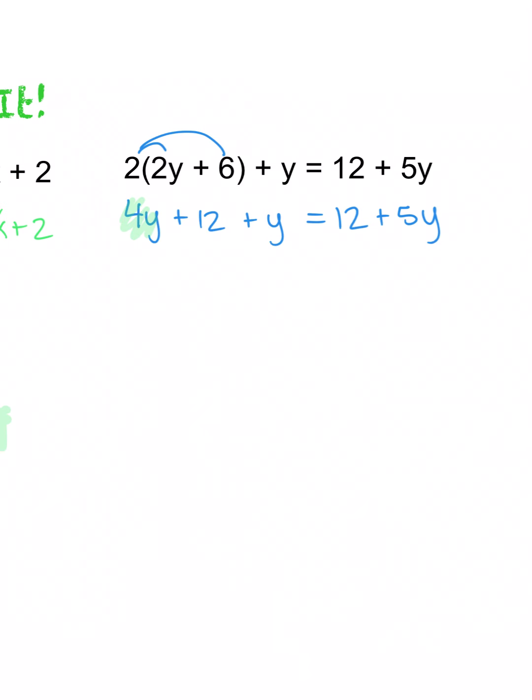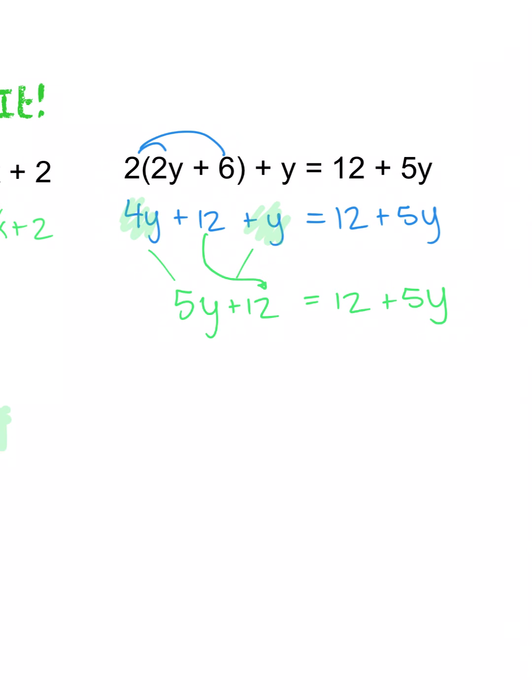I have a 4y and a y on the left side, so I have to combine those. That gives me 5y. I still have plus 12. Cannot forget about this plus 12 to bring down there. Nothing to combine on the right side.